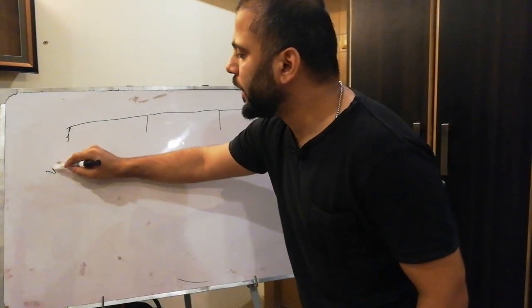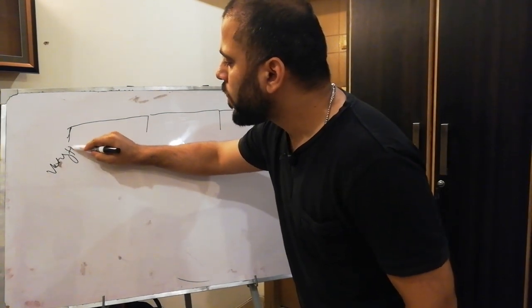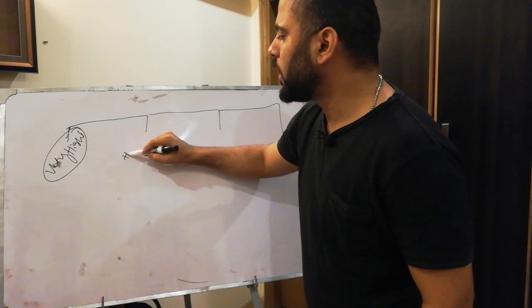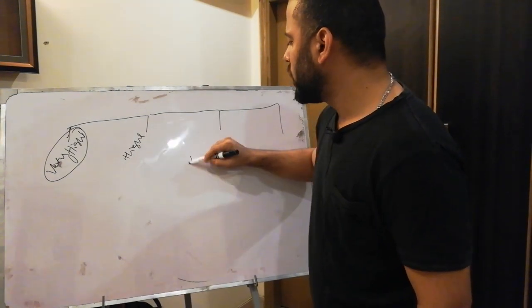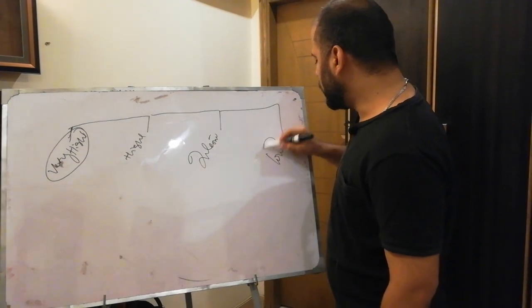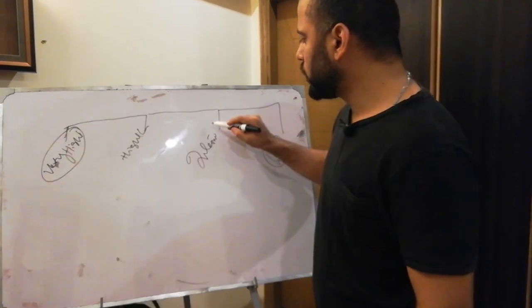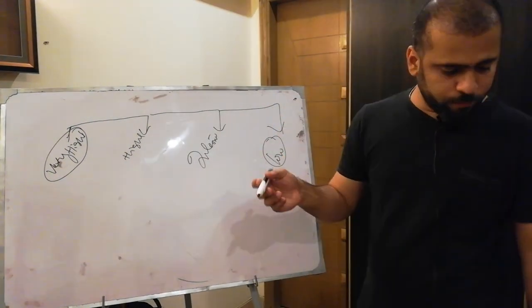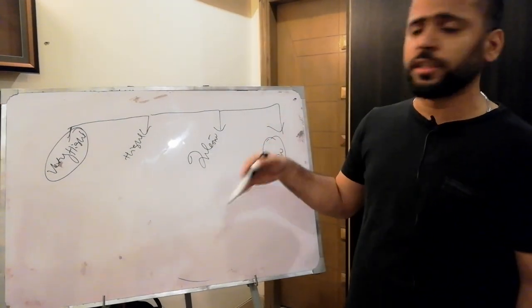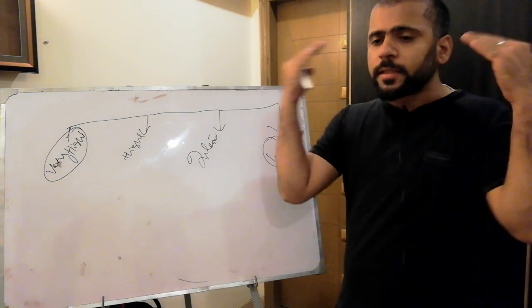One is very high risk, high, intermediate, and low. So accordingly you will apply strategies and treat your patients, because ACS is a big term actually.